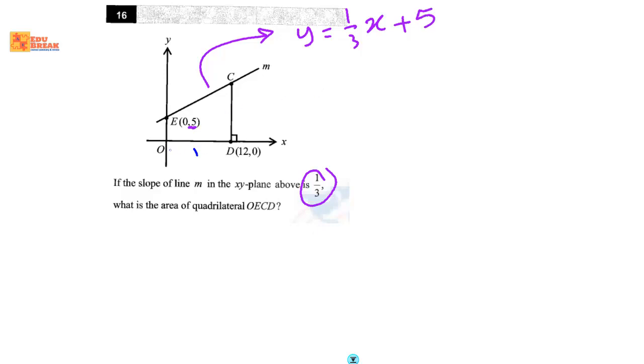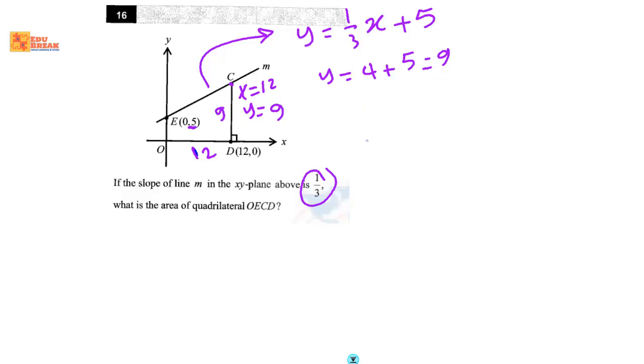We have OD equals 12, and the x-coordinate of the point C equals 12. We want to find it for y, so we plug in x equals 12: y equals one-third times 12, which equals 4, plus 5, which equals 9. So y equals 9. It means CD equals 9.